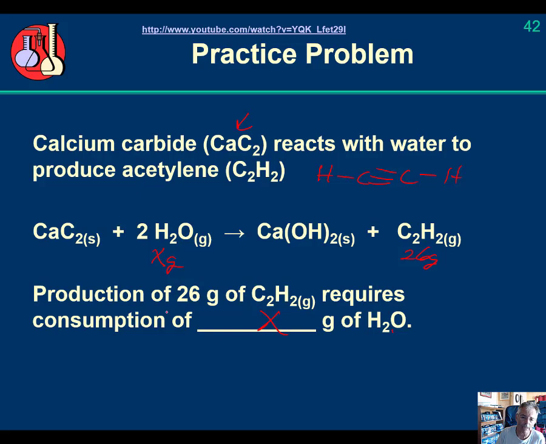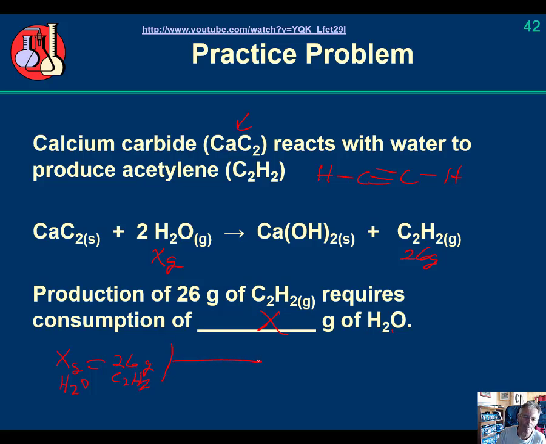So you're going to have to convert grams to moles. You need a mole to mole ratio, and then you have to convert moles back to grams. So my X factor is X grams of H2O equal sign. What goes on the other side? The 26 grams of the other stuff, which is the acetylene, C2H2.